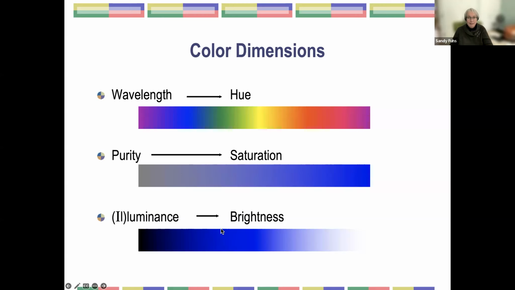Then we have brightness or illuminance. Think of the blue that we have. And then if we added white to it, it's going to make it brighter. If we add black to it, it makes it darker. So in Photoshop, we actually have the ability to describe a color as a hue, saturation, and brightness number.